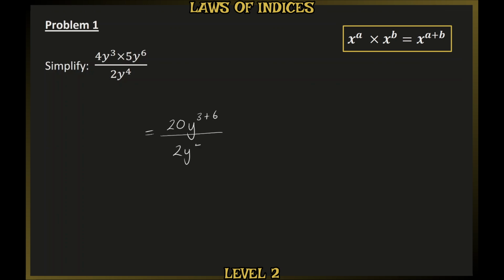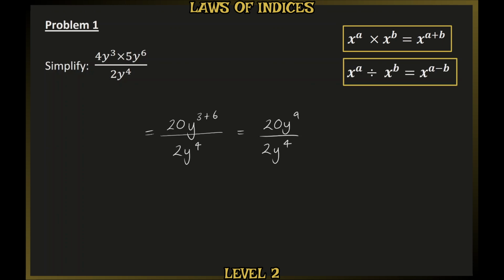Simplifying that numerator, 3 plus 6 is 9, so we have 20y to the power of 9, and our denominator remains as 2y to the power of 4. Now this fraction line means we're dividing, and since we're dividing indices together, we're going to use this law, which tells us that when we divide indices, we subtract the powers.